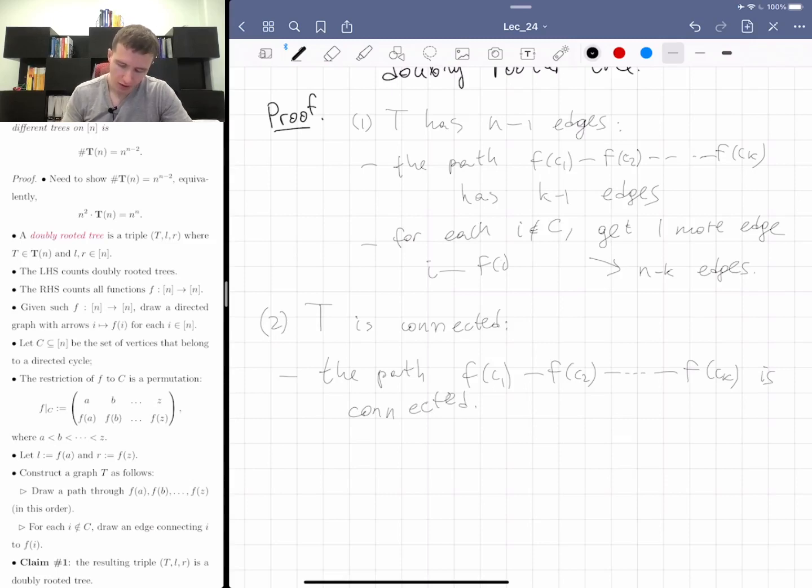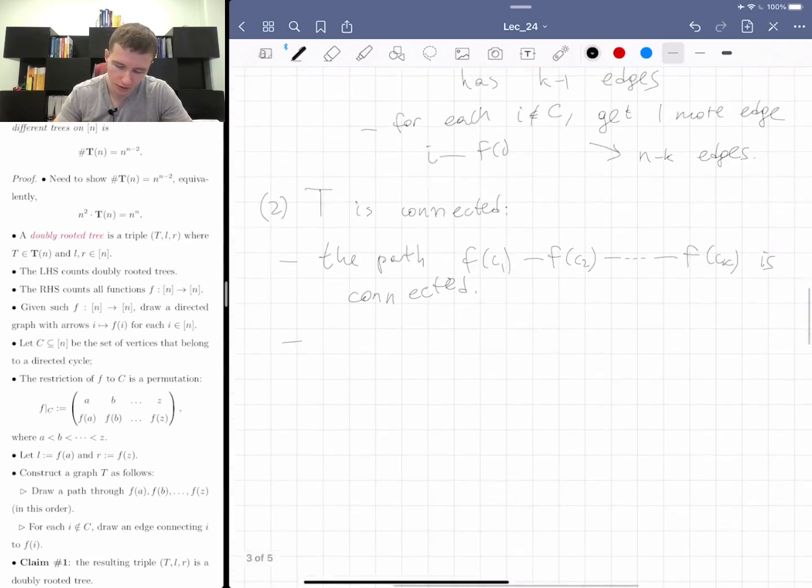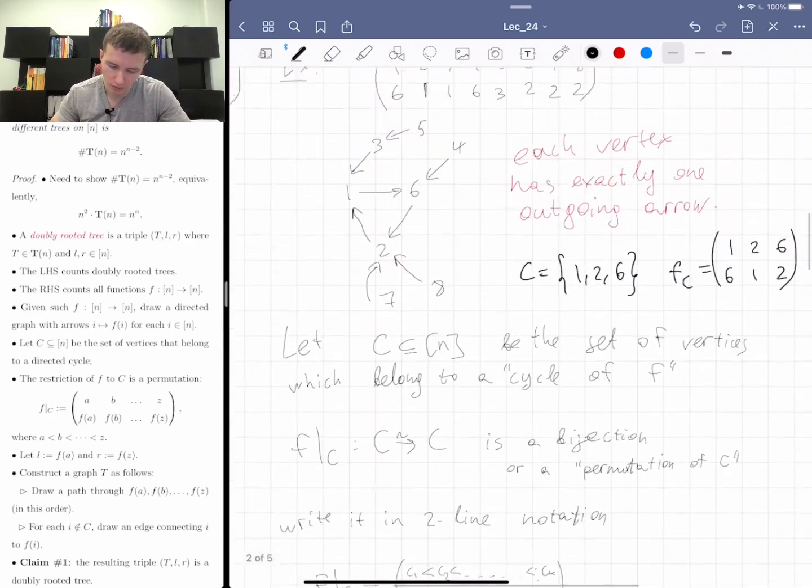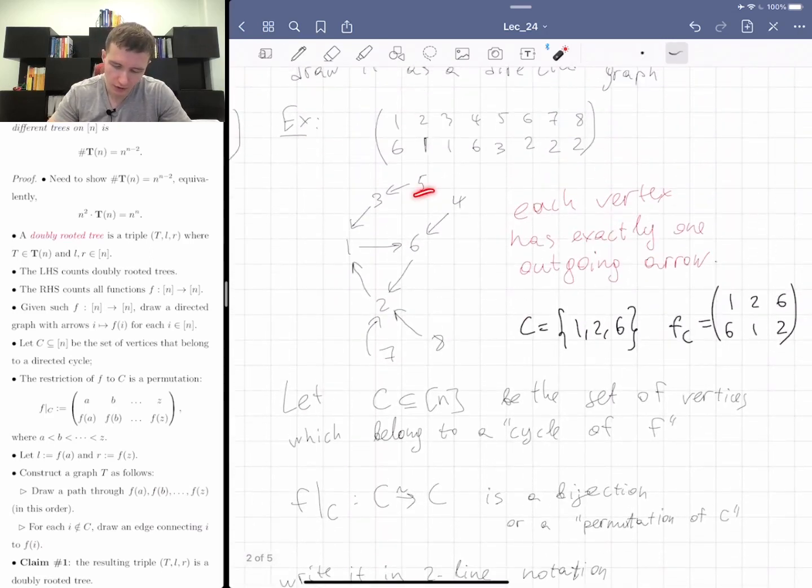The other point is that for each i not in C, you have a path from i to f of i to f of f of i, etc., which in the directed graph corresponded to 5 goes to 3, goes to 1, and at some point you end up in a cycle.